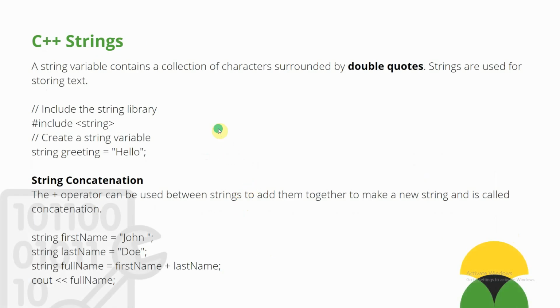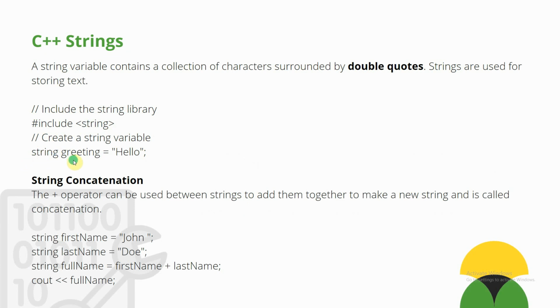Now for strings: a collection of characters in double quotes, used for storing text in your C++ program. To use string, you need to include the string header file first in the include line, and then you can declare it in the variable declaration using string.